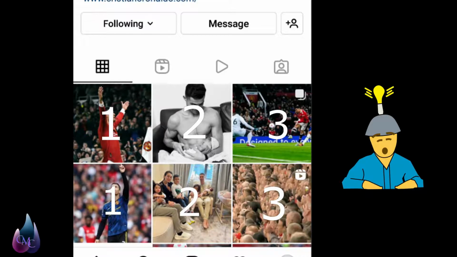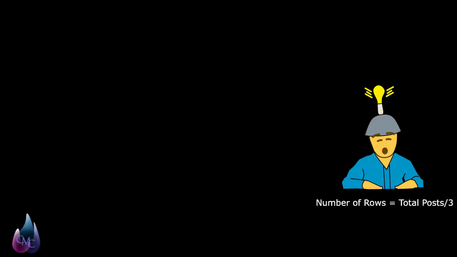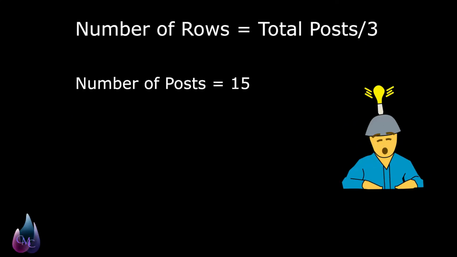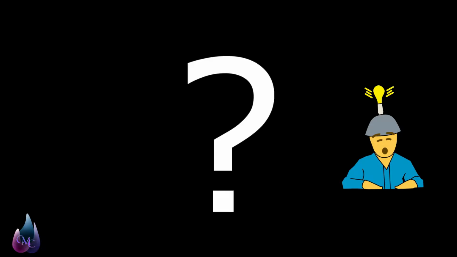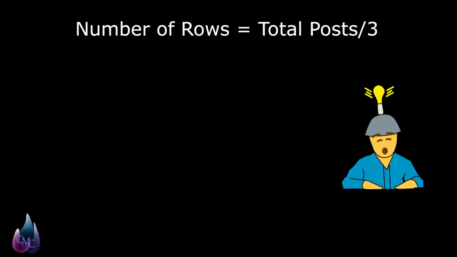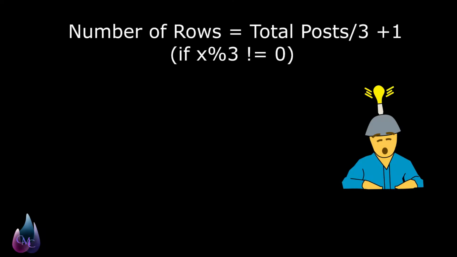And to calculate the number of rows, I divide the total posts by 3. So, if there are 15 posts in total, then 15 divided by 3 equals 5. That is 5 rows in total. But what if the total post is not divisible by 3? Not that difficult, just add another row in that case.